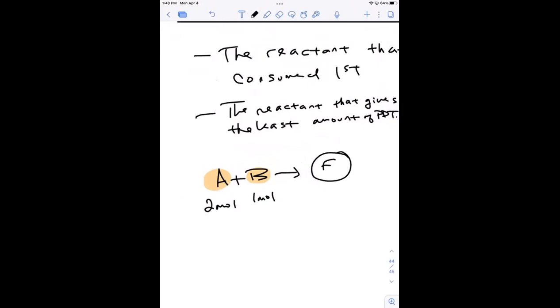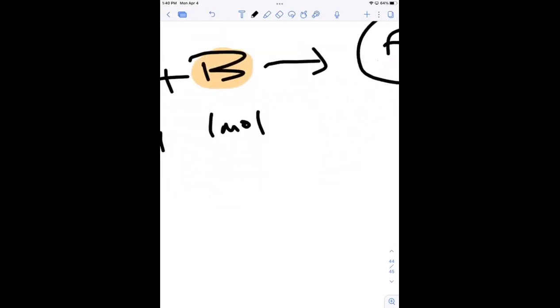When you look at A and B, if you used up the 1 mole of B, how many moles of A would be left over? If they're reacting together, and you react 1 mole of B and 1 mole of A to give you 1 mole of F, how much A is left over if you start with 2 moles? Just one. It's 1 mole left. So B would get used up first.